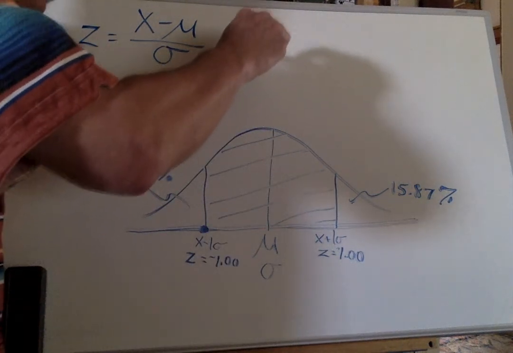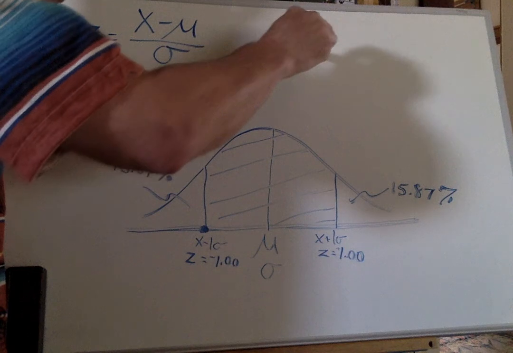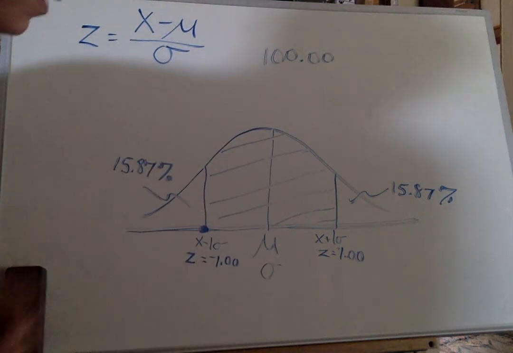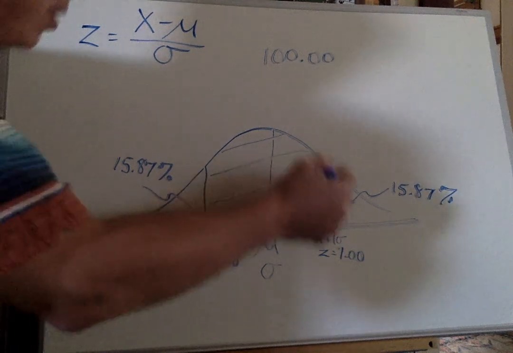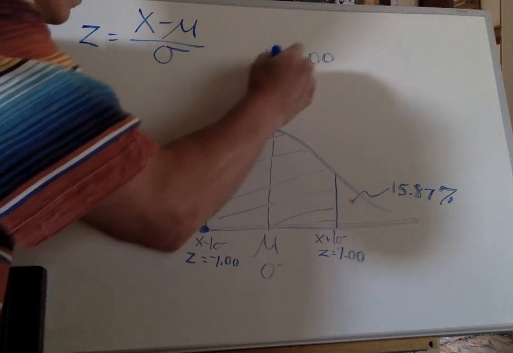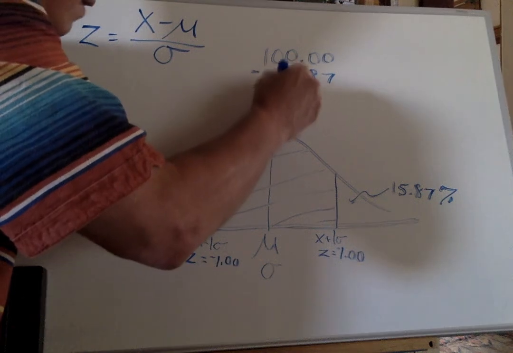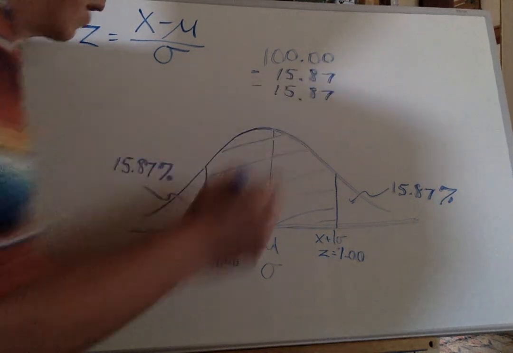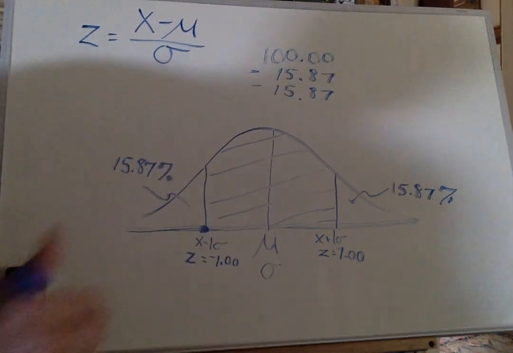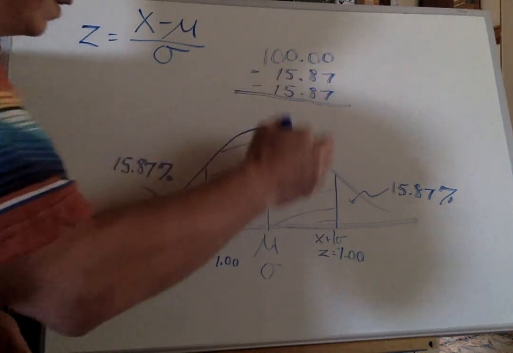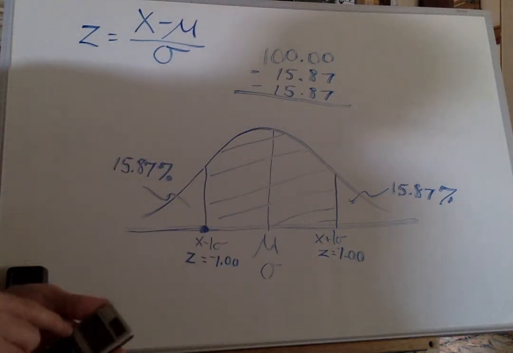We're going to take the whole dog here, that is 100%. Okay, that's the whole curve. And I'm just going to lop off these tails. By lopping off, I mean, let's subtract them from 100. Okay. And what do we get? Well, we'll get what is left over here in this portion.